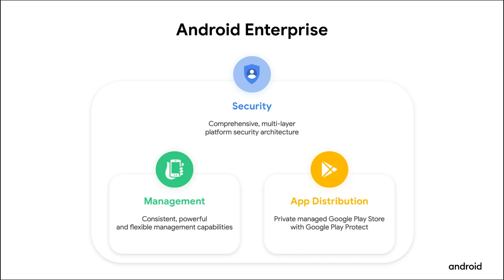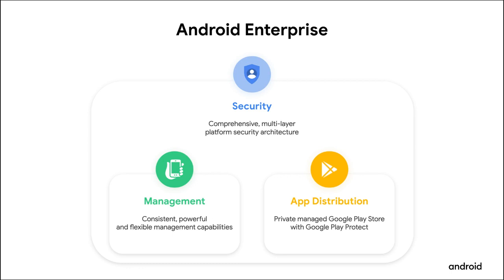Okay, so now we want to bring up the concept of how security is wrapped around the entire device. Using Android Enterprise, which is the new modern Android device management capabilities, we manage devices, and then we also manage the apps that are deployed on that device.